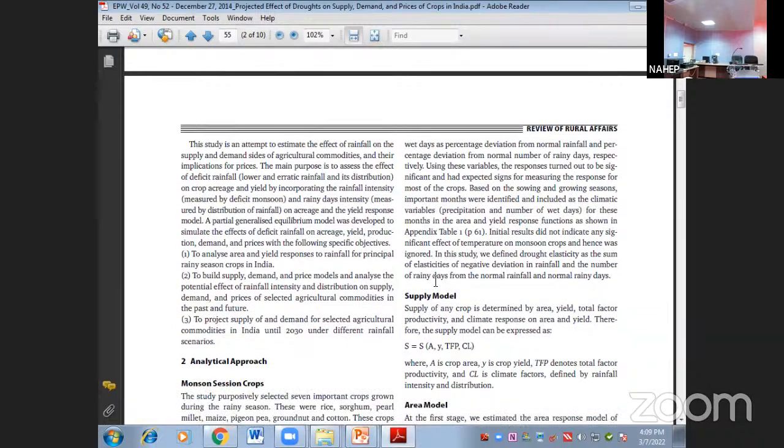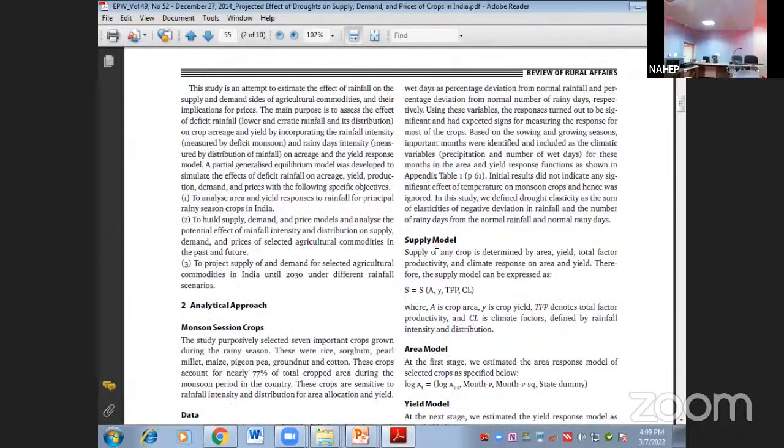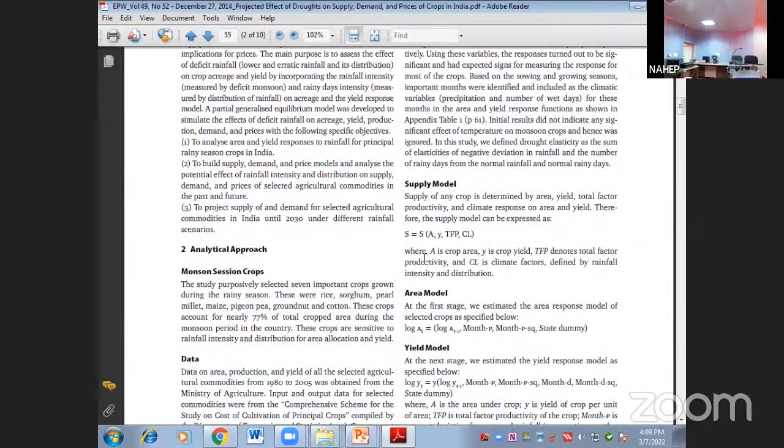Supply is a function of area, yield, and climatic factors. Then we write the acreage model: how the acreage is influenced by last year's acreage and the rainfall in the month at the time of sowing.